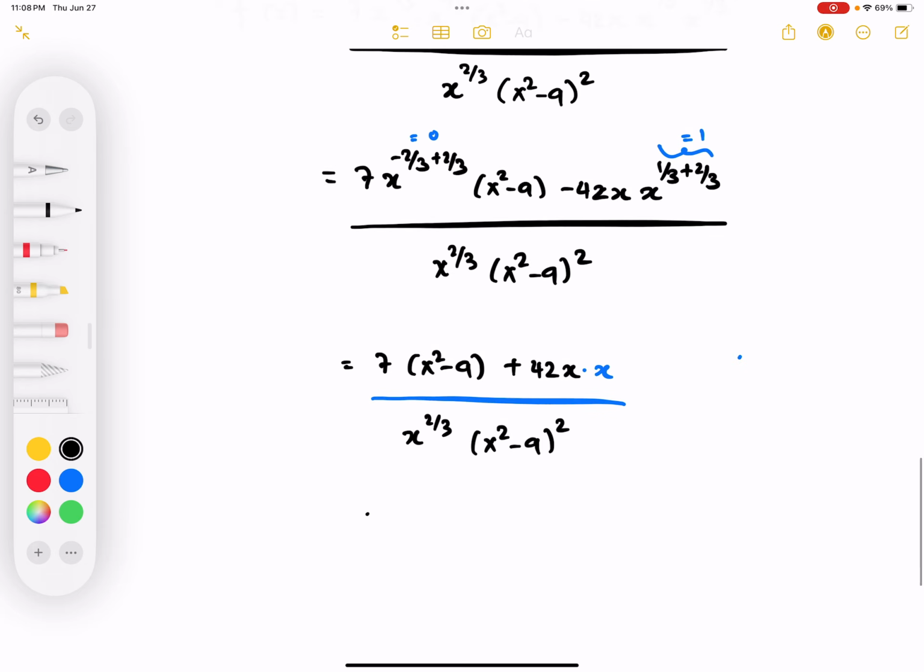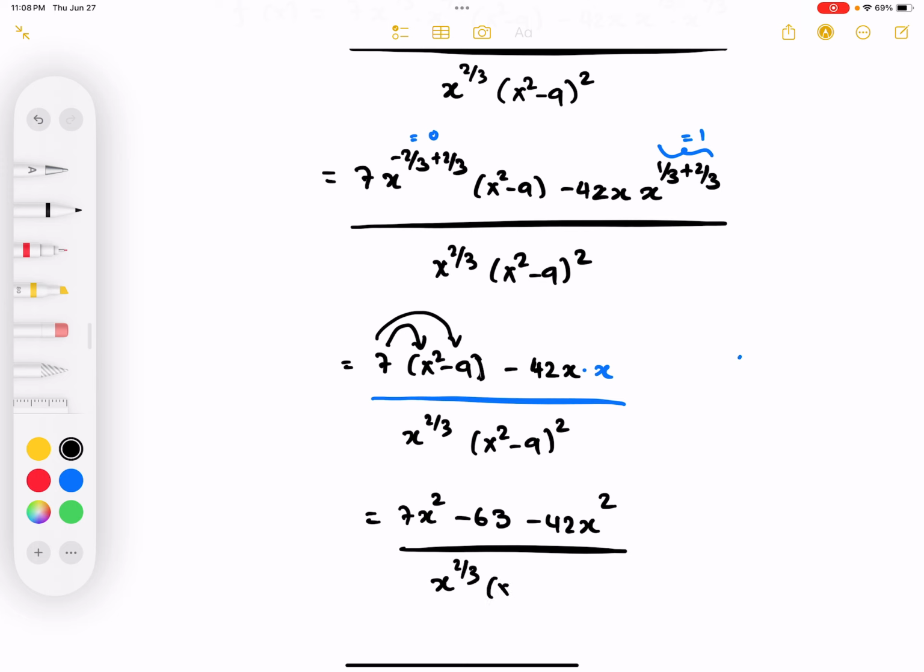Now let's simplify. 7x squared minus 63 minus 42x squared, divided by x^(2/3) times (x squared minus 9) the whole squared. This one should be negative.